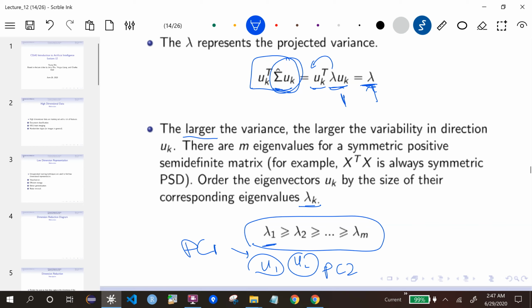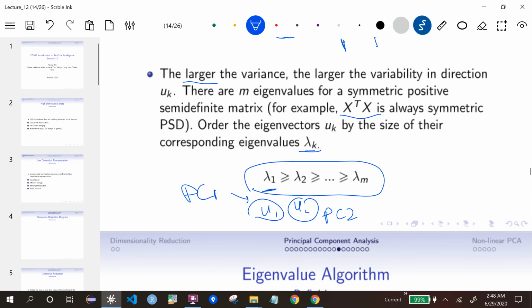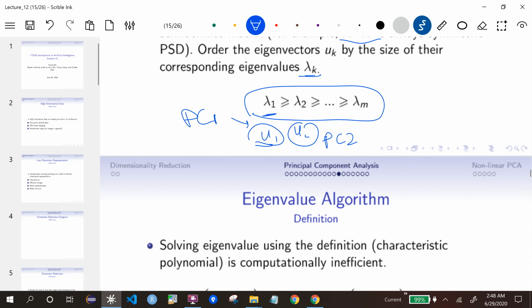Again, there are some mathematical properties, like why this matrix is always symmetric and positive semi-definite, but basically they guarantee that these eigenvalues exist, we can order them, and then we have the corresponding eigenvectors. That's basically all you need to know. We're going to call these unit vectors the principal components.